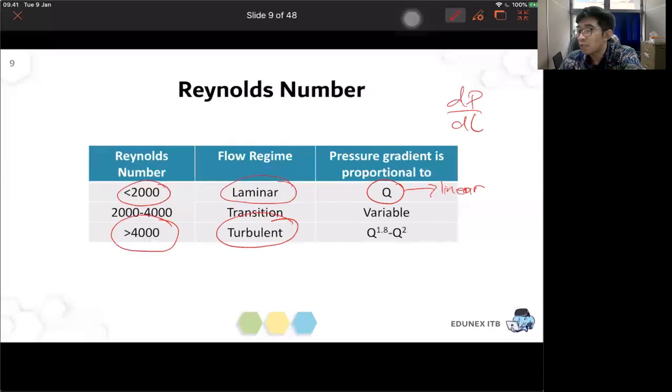And the dP over dL will be proportional to square Q. Nanti kita pas bahas friksi, akan ketemu lagi dengan hubungan dP per dL dengan Q. How about in between? In between, we call it transition flow. But sometimes people use 5,000 or maybe 10,000. Maybe different books differ. But normally, if already above 4,000, you can classify it as turbulent.